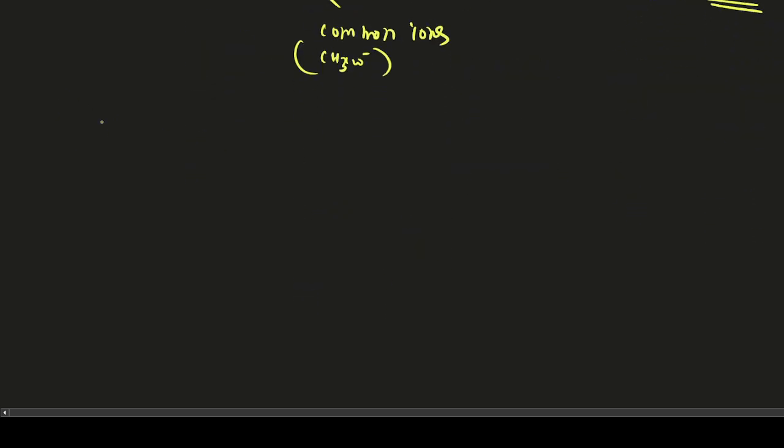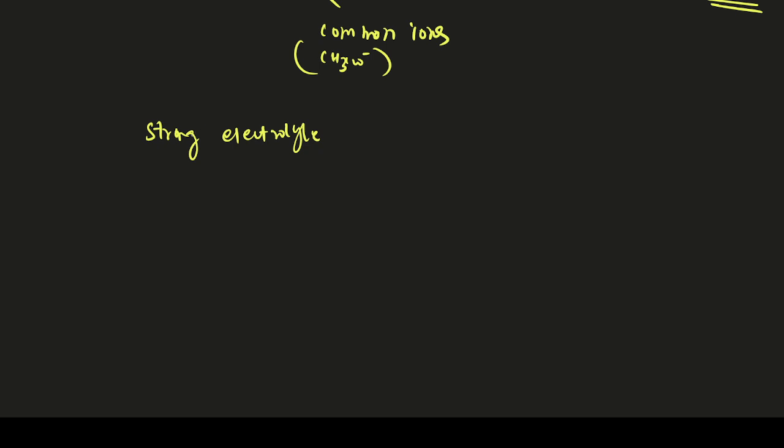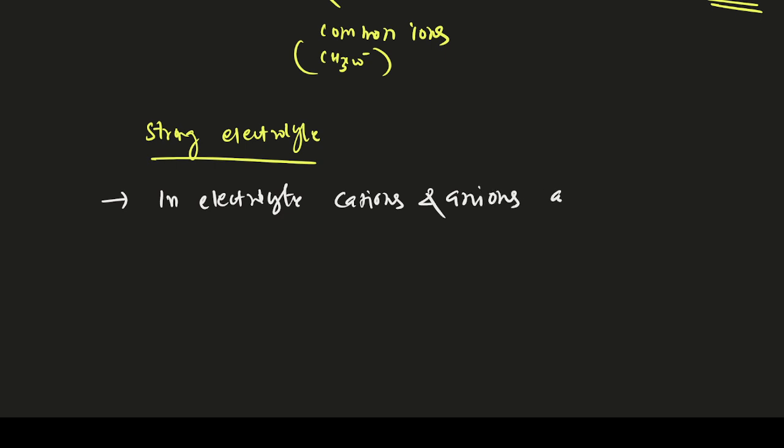Now, if you ask what are weak electrolytes and what are strong electrolytes: in electrolytes we have a cation part and an anion part. Electrolytes have cations and anions present.